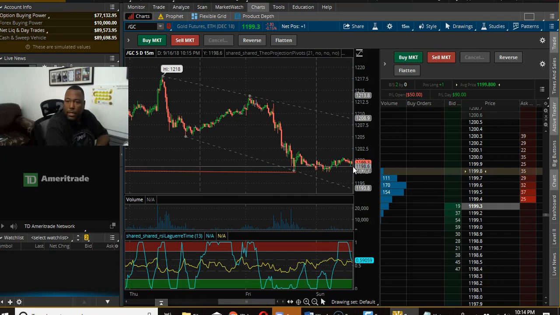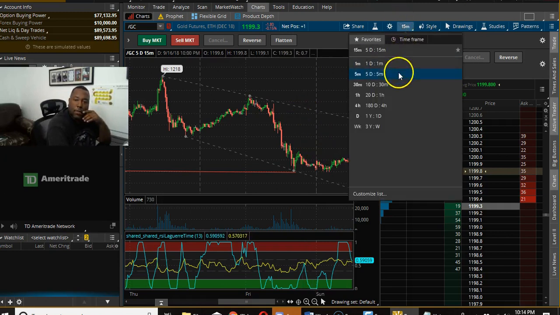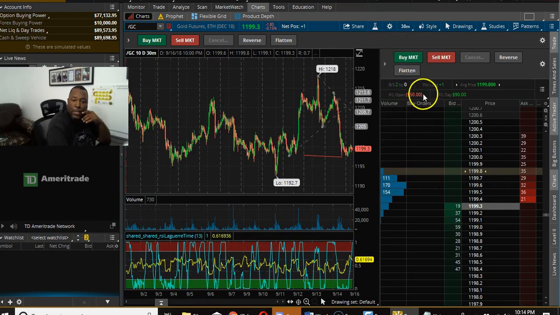So I wouldn't sell this until it got down to like 11.98. So that could be a big drop. Normally when it goes the other way, you'll see how fast it goes, and it also goes the other way quick as well.